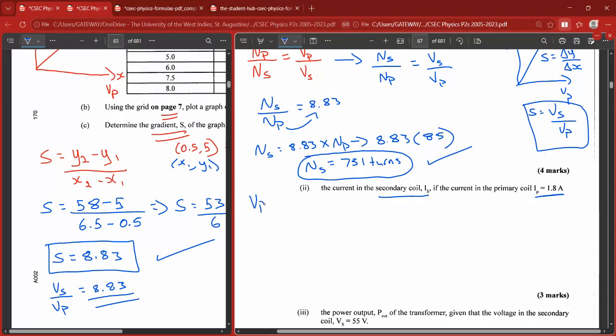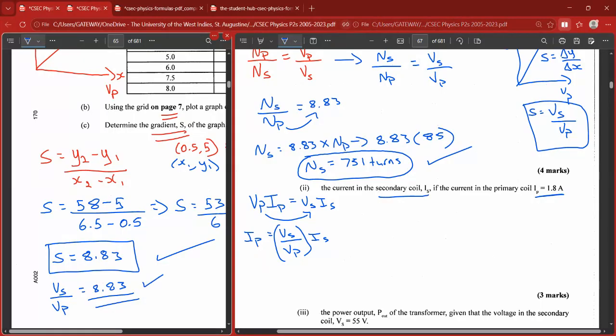So Vp Ip is equal to Vs Is. So what you're going to do here now is make Ip the subject. So you're going to get Ip is equal to Vs over Vp times the Is. I'm going to put this in brackets so you can see the substitution better. We already know that Vs over Vp is 8.83.